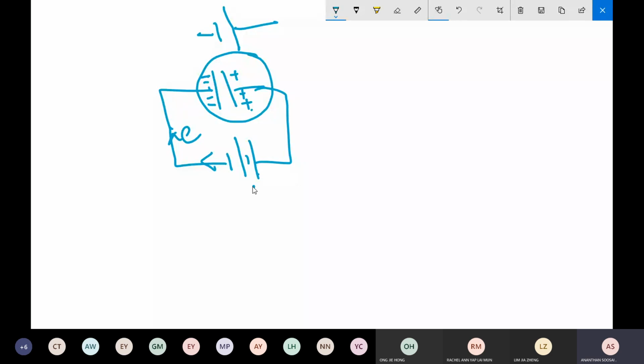Let's say the battery is 6 volt. The voltage of the capacitor will start to rise. Consider the graph of V versus time across the capacitor. The voltage starts from 0, because at the beginning no charge has gone through yet.